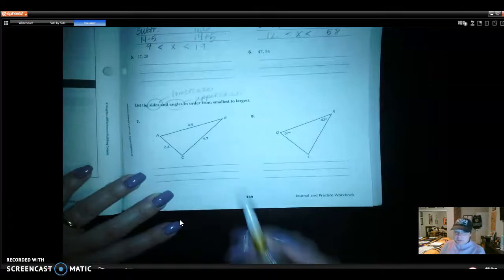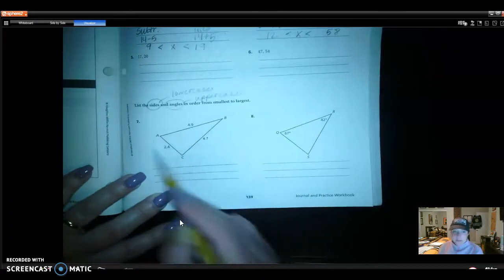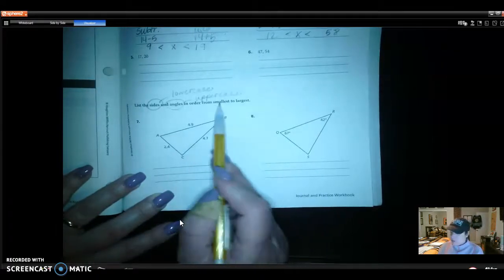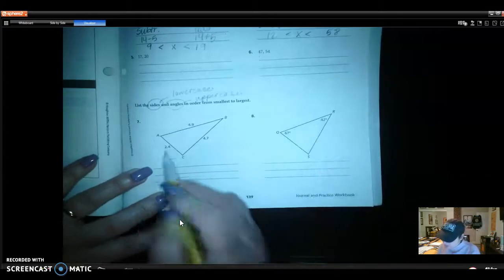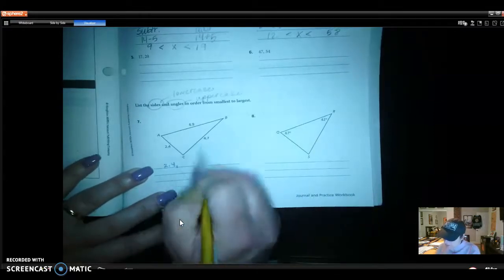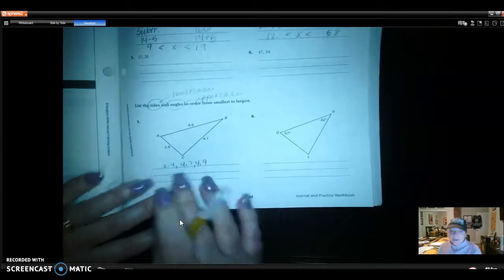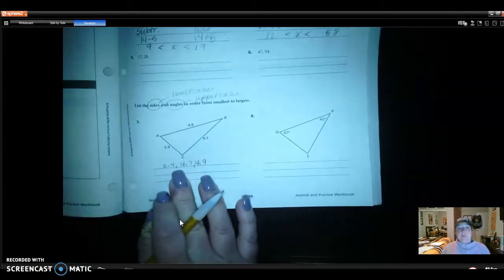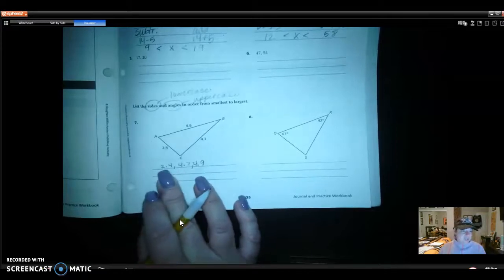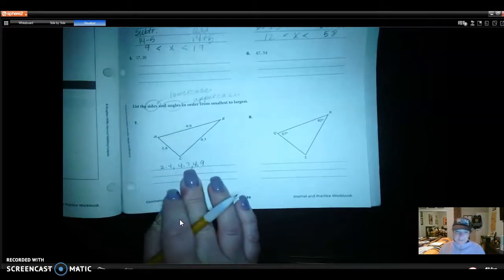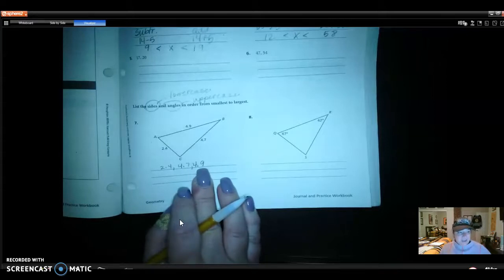So the first thing we're going to do is list the sides in order, and we want to go from smallest to largest. So I know the smallest number is 2.4, then 4.7, and then 4.9. Now, that's not going to work. What side is 2.4? What side is 4.7? And what side is 4.9?